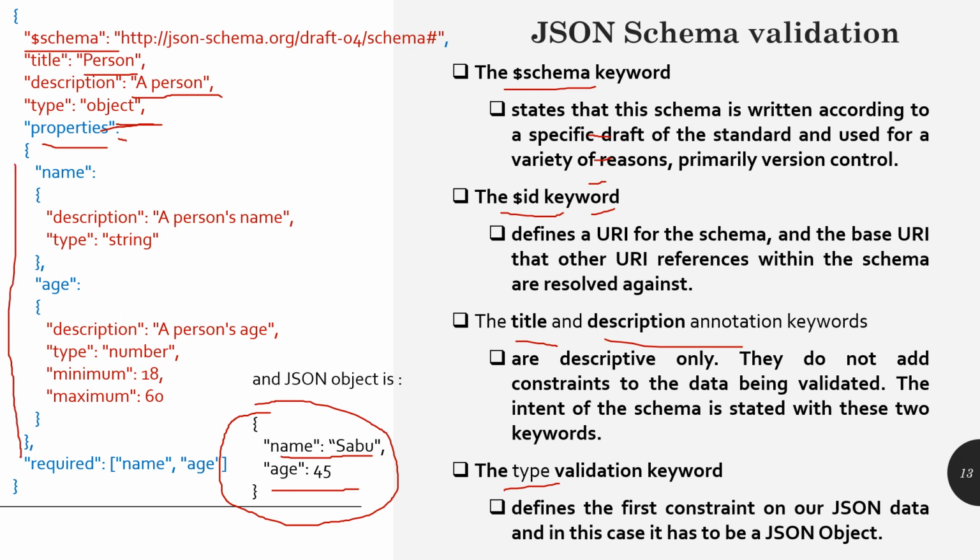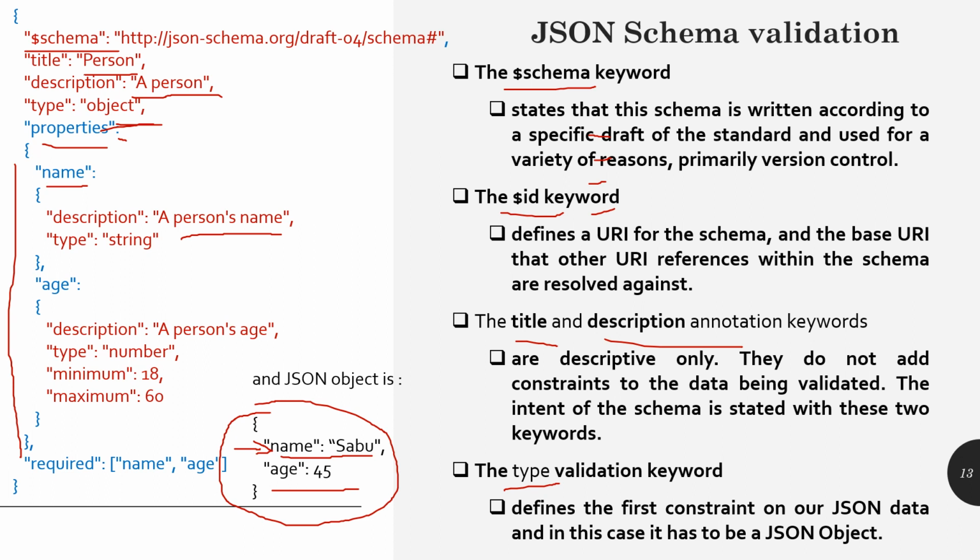The value in here, what do we need to specify? Internally again we have a name-value pair. Name: we are describing this particular thing in the object. What is the name? It is the name of a person.